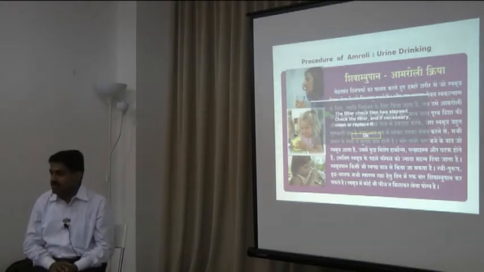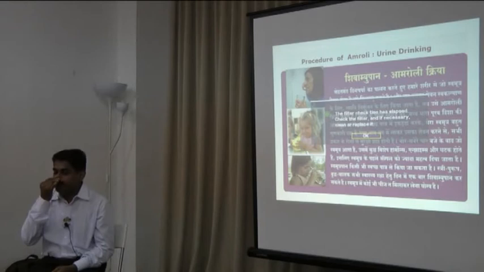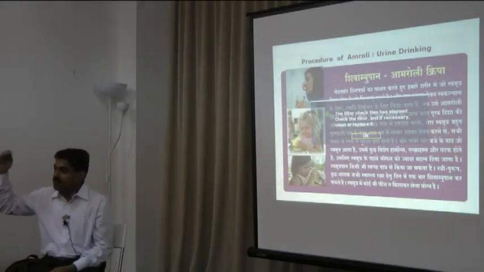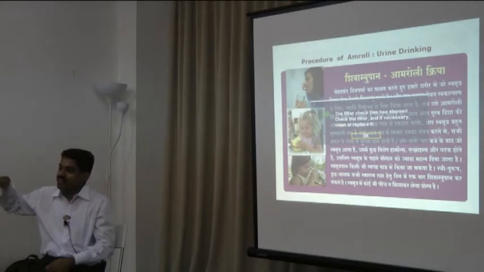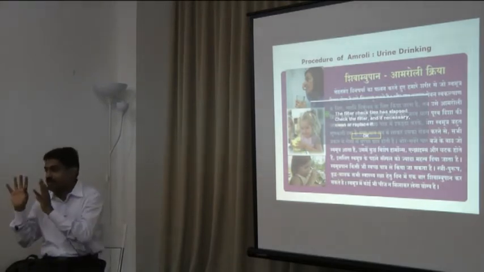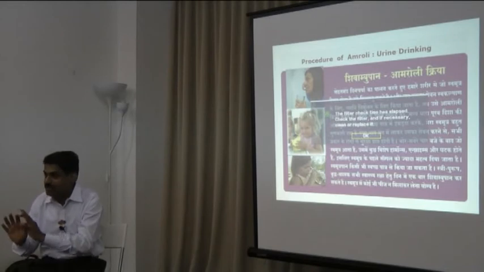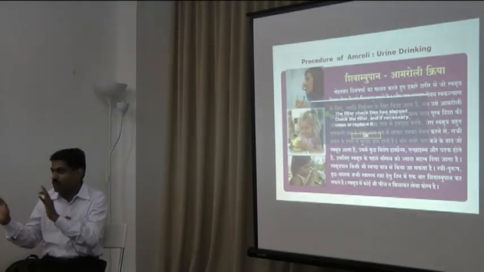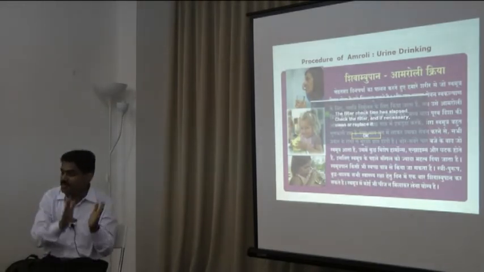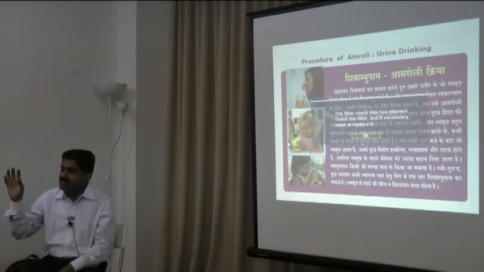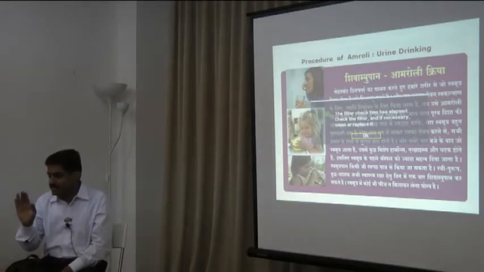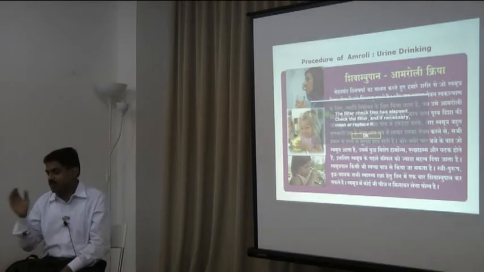Sattvic means the food which is fresh, not old. If you have prepared it, kept it in the fridge, and then use it, stored food is considered tamasic according to yoga. We are not going into more detail on diet, maybe sometime later. But the food needs to be fresh, with fewer spices.